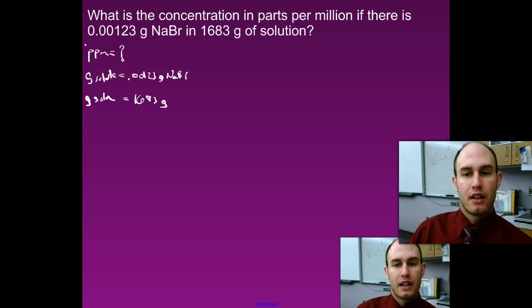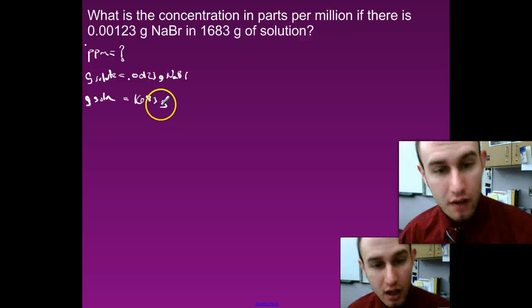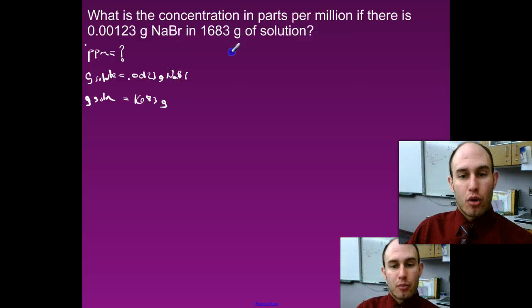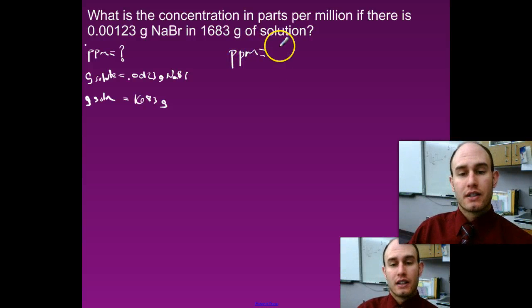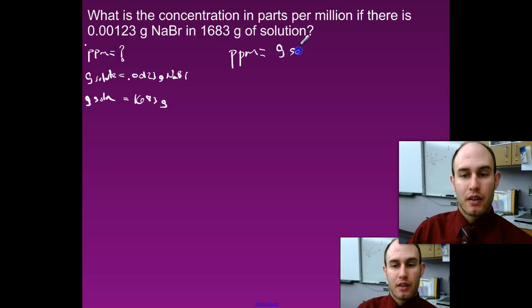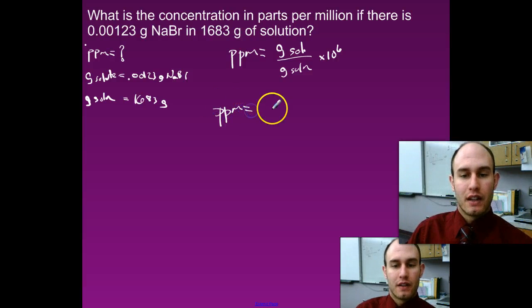We are provided with the grams of solute and the grams of solution, and I'm asked to find parts per million. Remember, look back on your equation list. The parts per million is the same thing, grams of solute divided by grams of solution times a million, though. That's what makes it parts per million. So my ppm is my unknown, so I'm leaving that as such.